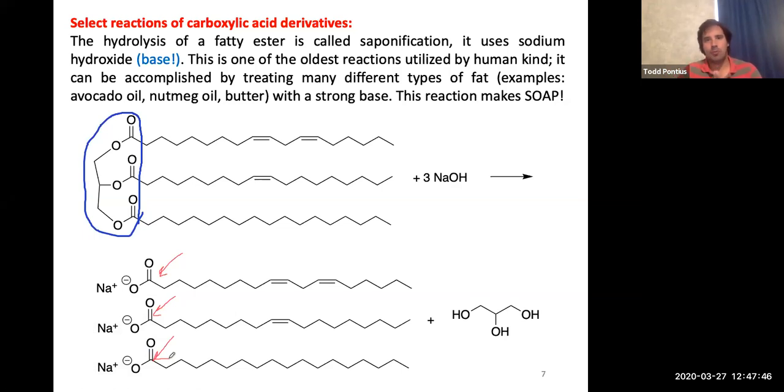What makes soap do what it does? Oh, the other thing that we get from this reaction is we basically cleave these off of the glycerol backbone. So the other byproduct is this molecule over here, which is called glycerol. Okay, so what makes this significant? Why is it notable that we have these long hydrocarbon chains with a charge on one end?